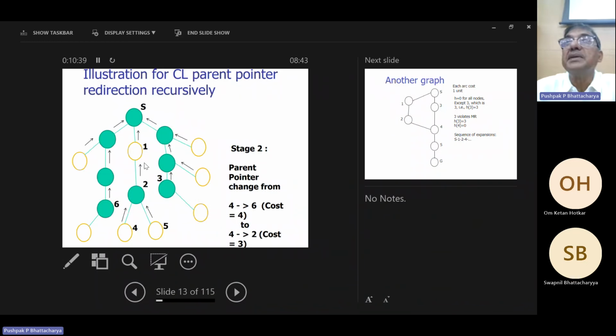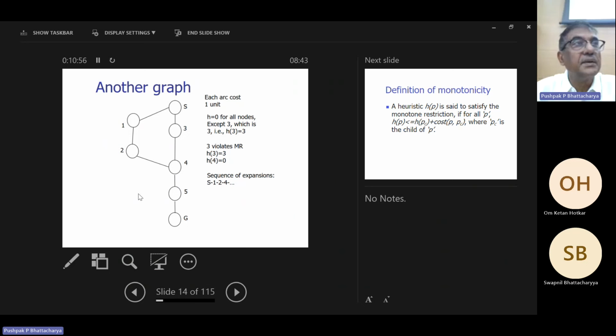This example is from Principles of AI, Nils J. Nilsson, from which I'm mostly covering the material. So this kind of percolation of parent pointer redirection will happen for closed list nodes also. So once you look at the slide, you can see the textbook also.